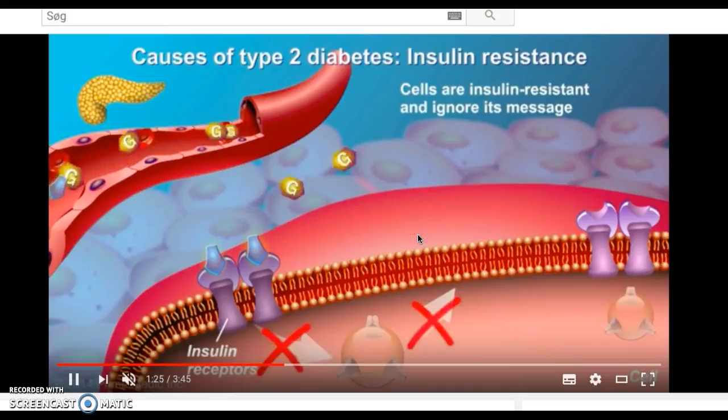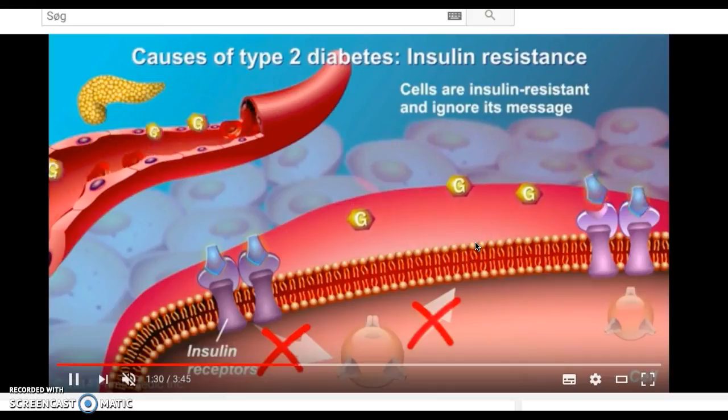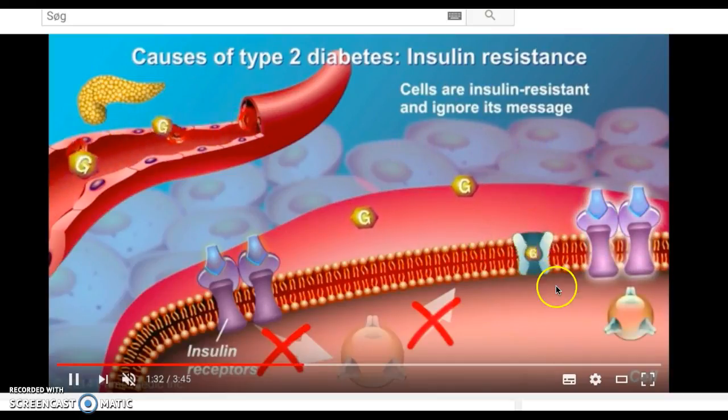Then some other insulin molecules bind to the receptor again, and this will open only one glucose channel, because the amount of glucose channels is actually reduced when you have type 2 diabetes.